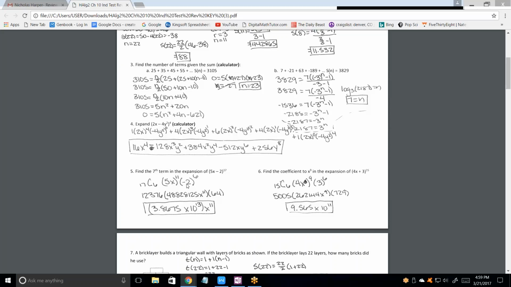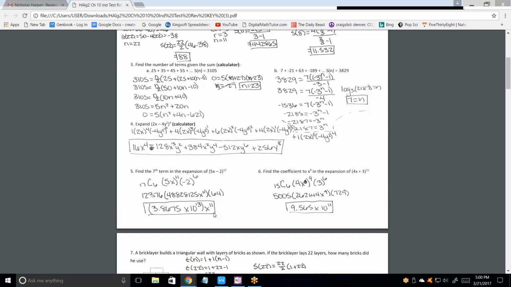And finally, -2 to the 6th power is +64. So now I multiply all my coefficients. I got 12376 times that big long number times 64 gives us this number, 3.8675 times 10 to the 13th x to the 11th.